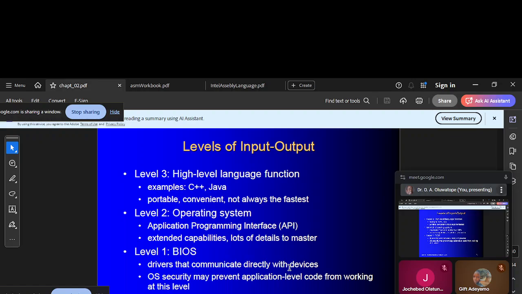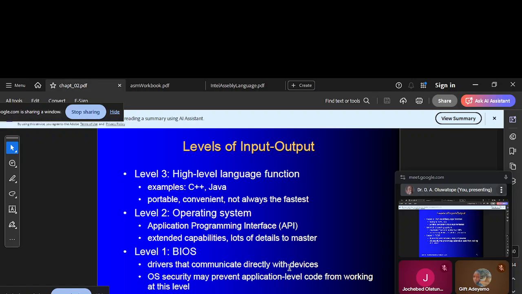In a typical microcomputer, the BIOS, once you start your computer, the BIOS means basic input output system. That's what comes up. And then if you are fast enough, you can break into the setup, where you can make a connection. Drivers that communicate directly with the device are what you find here. Operating system security may prevent application level code from working at that level. Yes, high level security.